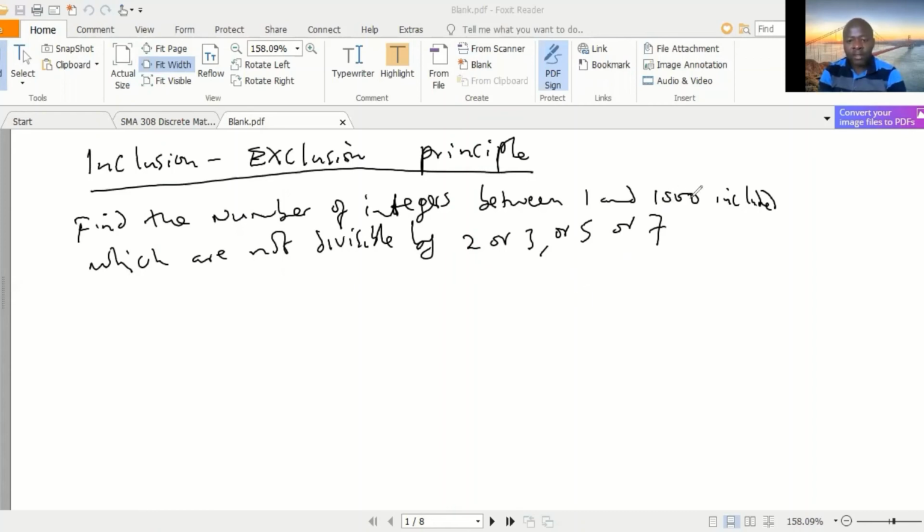Now, you can see this 1,000 is a very big number, so you cannot list all the numbers and then start counting those which are not divisible by any of these. So that means our inclusion-exclusion principle comes in very handy.